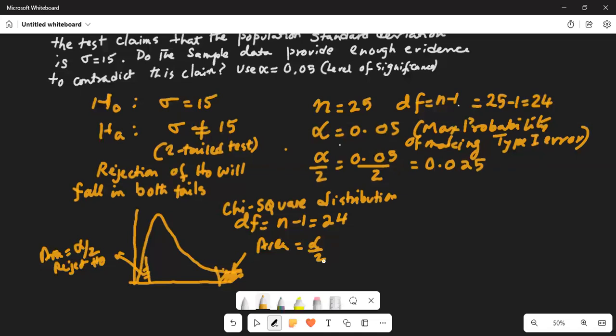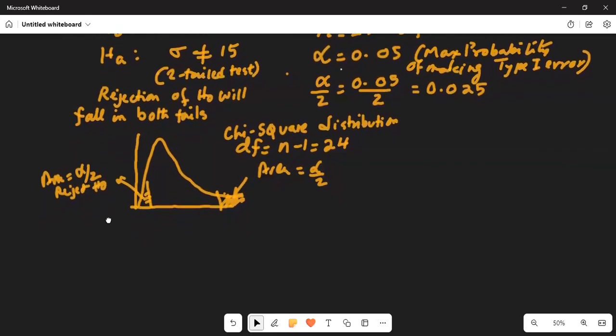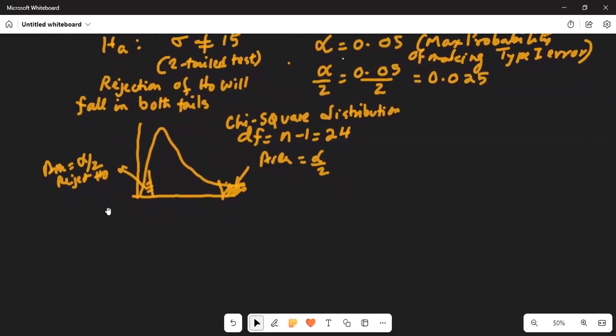So this is the chi-square distribution. Chi-squares are always indicated by the area to the right. Now the total area under the curve is 1.